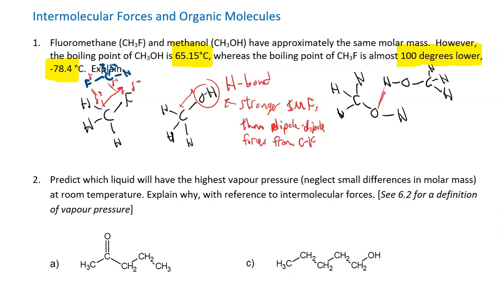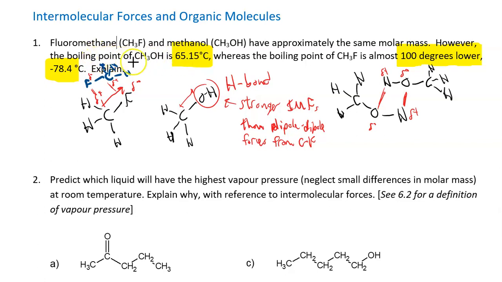Delta positive on the hydrogen, delta minus on the oxygen, and these hydrogen bonds are so much stronger. Because they're stronger, it takes more energy to break the bonds between molecules, so they'll be at a higher temperature.